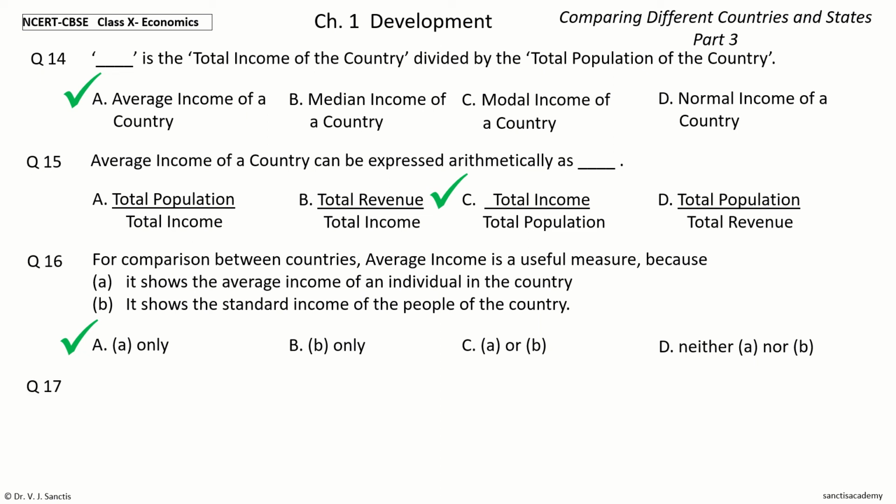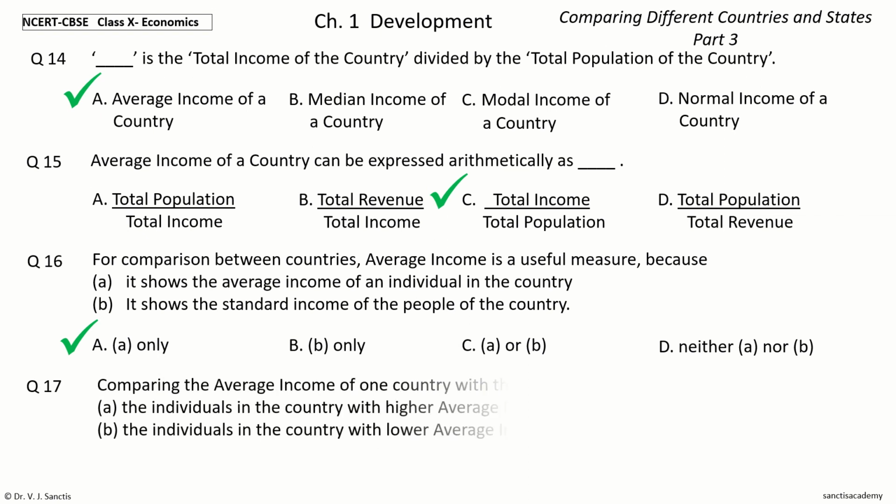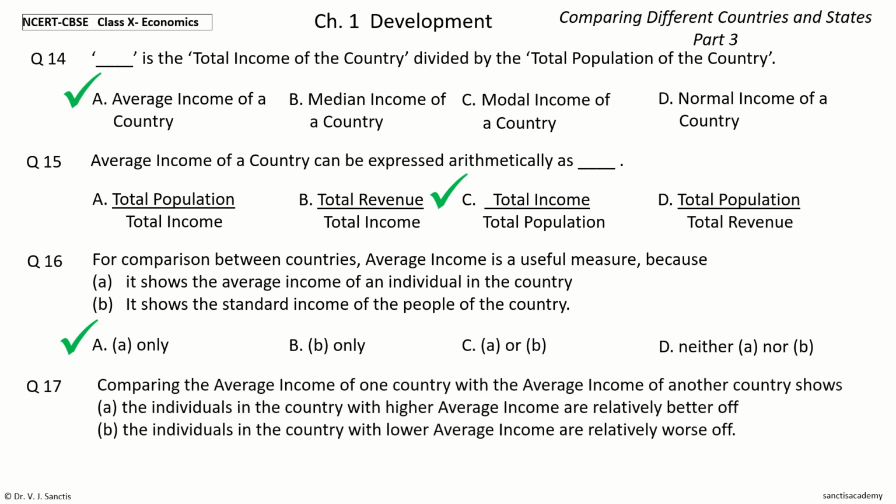Question 17. Comparing the average income of one country with the average income of another country shows A. The individuals in the country with higher average income are relatively better off.